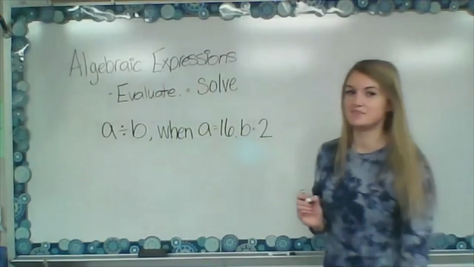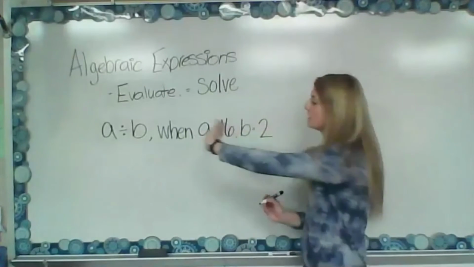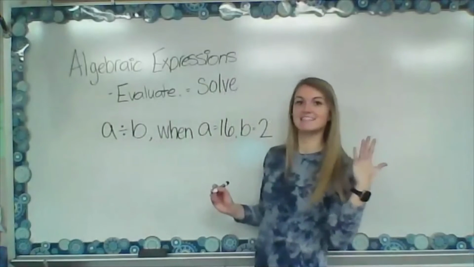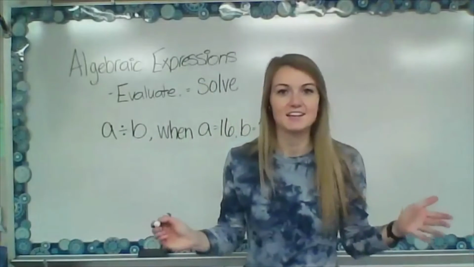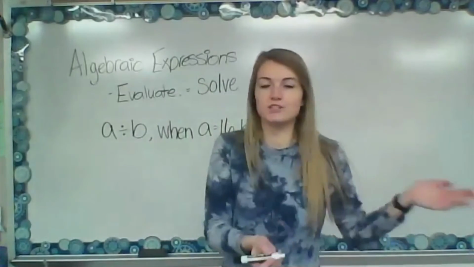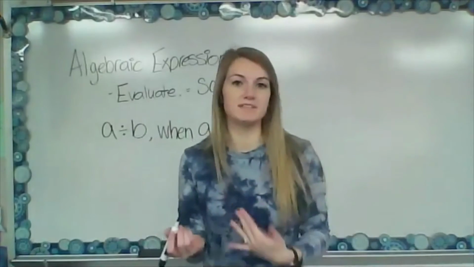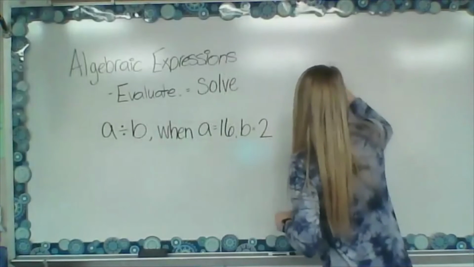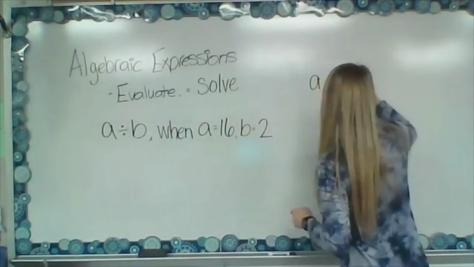Okay, I've got a new type of example here, but very similar. I've got a divided by b. Two letters? What? Okay, same exact thing, right? Every time we see a letter, all we're going to do is turn it into a number in these type of examples. So I'm going to just take my expression, a divided by b, and rewrite it over here.